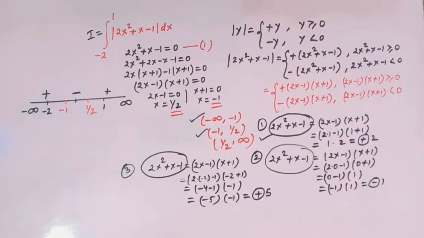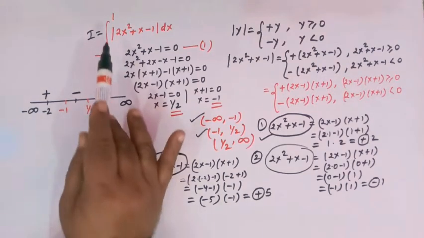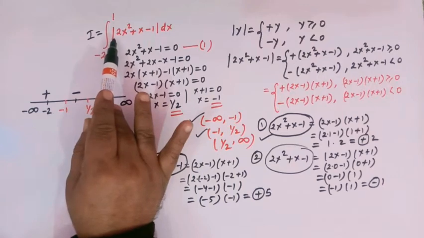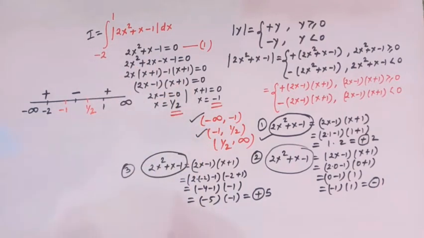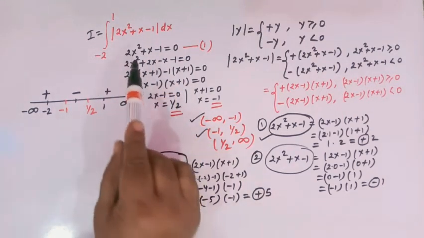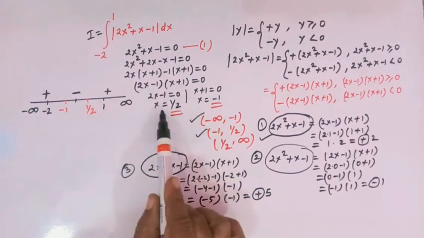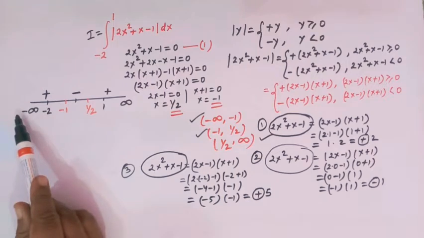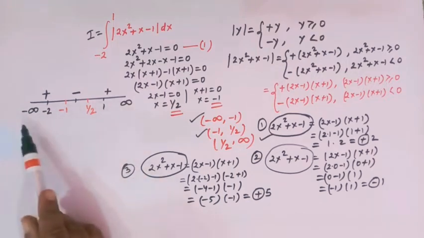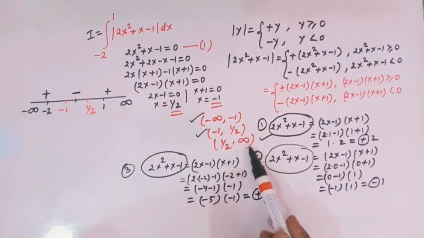So what we have discussed so far is that inside the absolute value function sign we have the quadratic function, and when we solve this quadratic equation we get 2 points, and these 2 points divide the real number line into 3 distinct intervals.